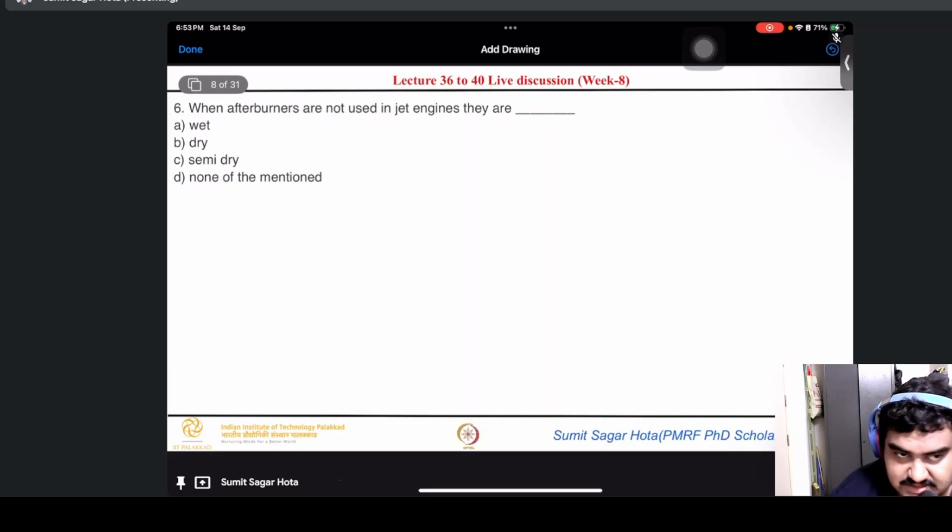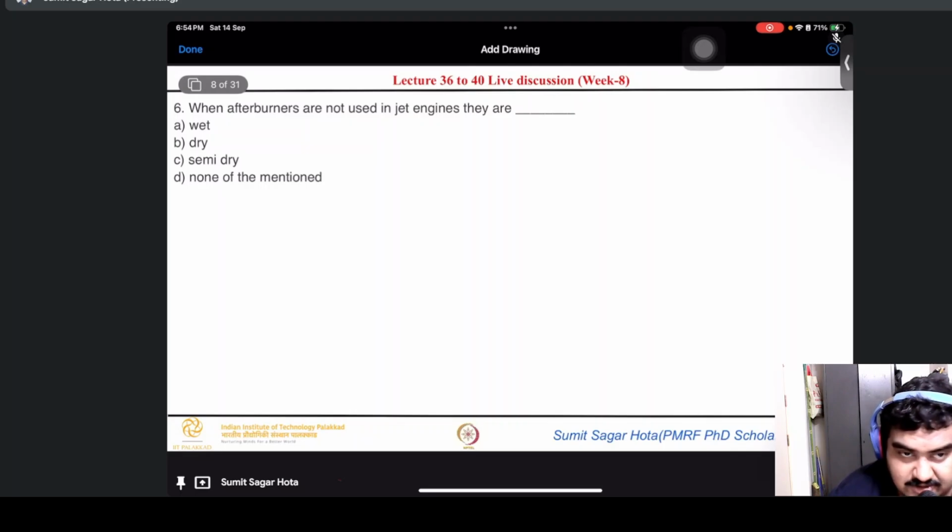So when the afterburners are not used in the jet engines, they are what? Dry. But here the question is something different.